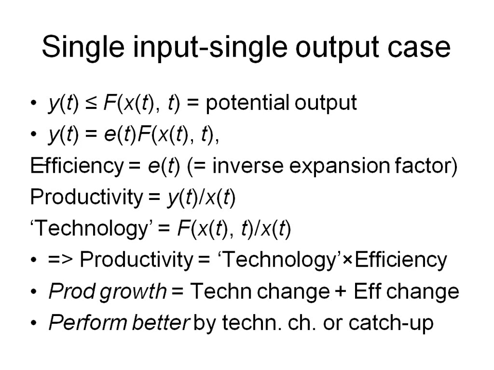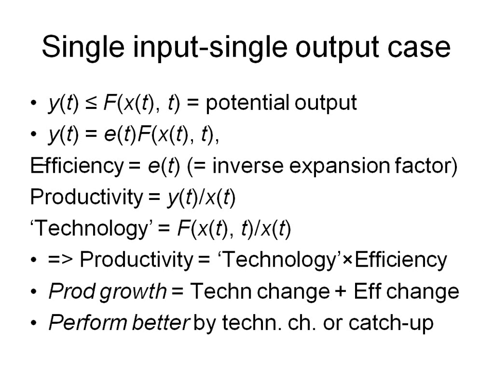So your productivity is like the observed input-output coefficient. Technology is like the best practice input-output coefficient, and you have to multiply through with the efficiency.